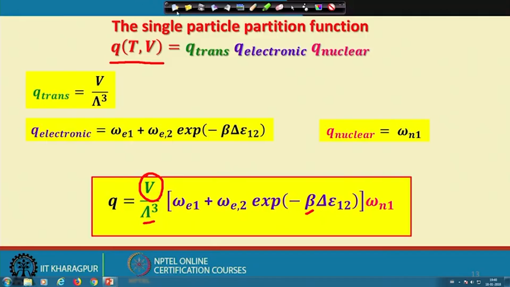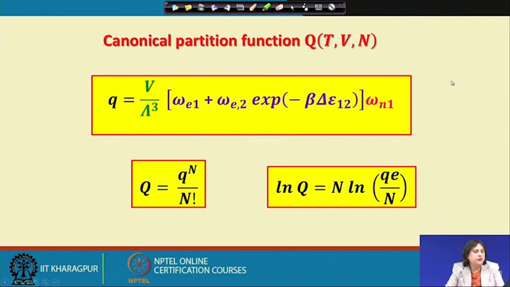Now, if we go further and have a look at what happens if I try to find out the canonical partition function, then I must realize that in this case my system is comprised of capital N independent and non-interacting identical particles.